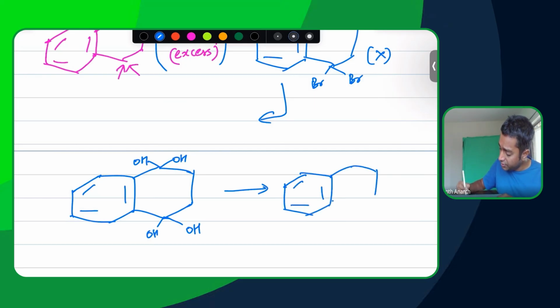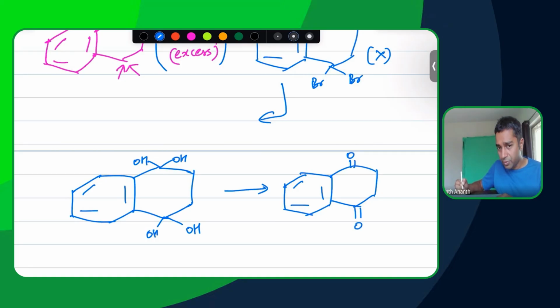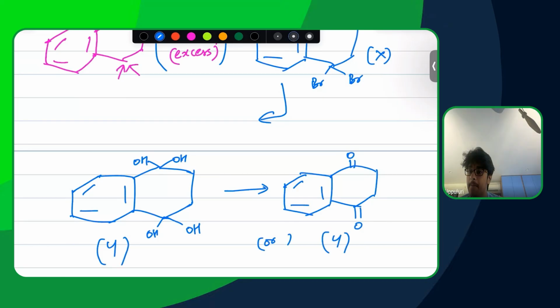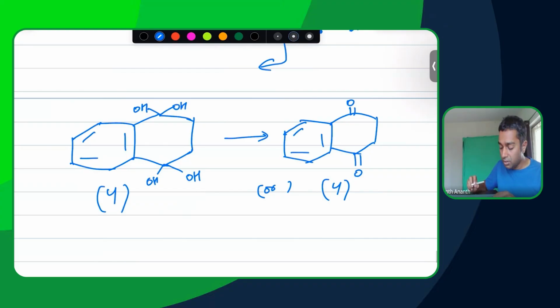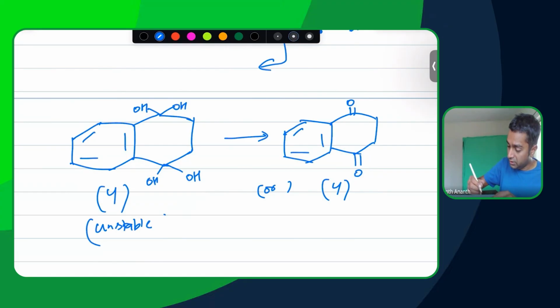That was my doubt here: is this going to be my Y, or is this going to be my Y? Oh, right. Clearly, they are giving Y is unstable. So this one is my first Y. That means this fellow is not going to be Y. It's going to be Z.